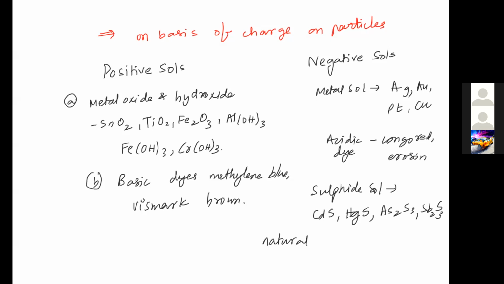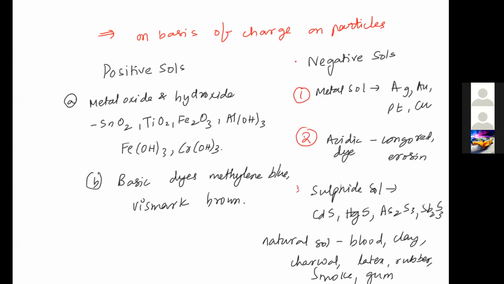Natural salt: blood, clay, charcoal, latex, rubber, smoke, gum. So you could see under negative salts four types. That's on the basis of the charge on particles. Last we have on the basis of the types of particles of dispersed phase.